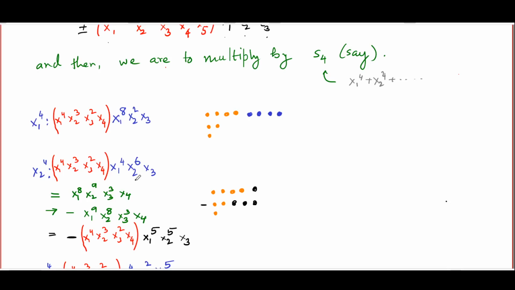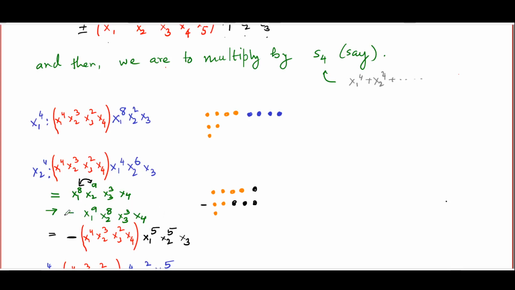So what we need to do is use the fact that there are alternating terms available in your original determinant. Or you can also use the fact that this product is also an alternating function, equivalently, and switch these two powers in order to bring this to a descending order, 9, 8, 3, 1.